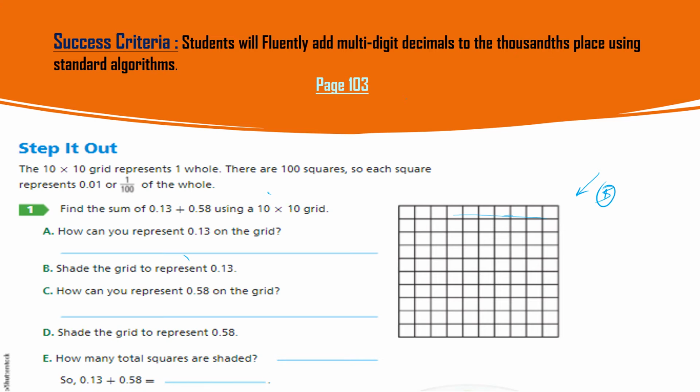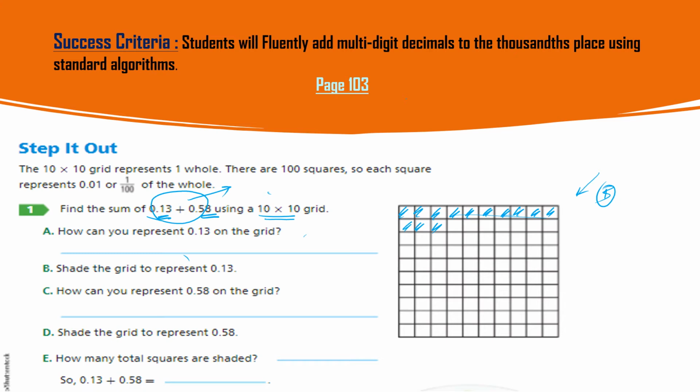Find the sum of 0.13 and 0.58 using a 10 by 10 grid. You have to add. So 0.13. First of all, you just color 13 blocks. Okay, 10, then 11, 12 and 13. After that, you color 58 blocks.